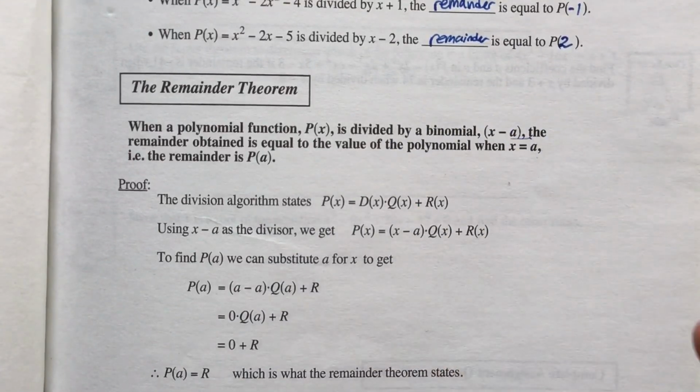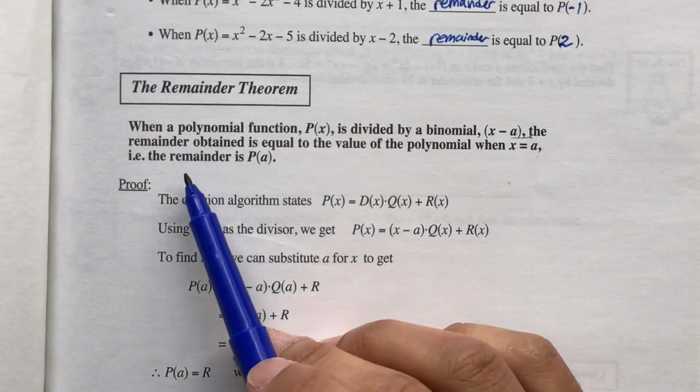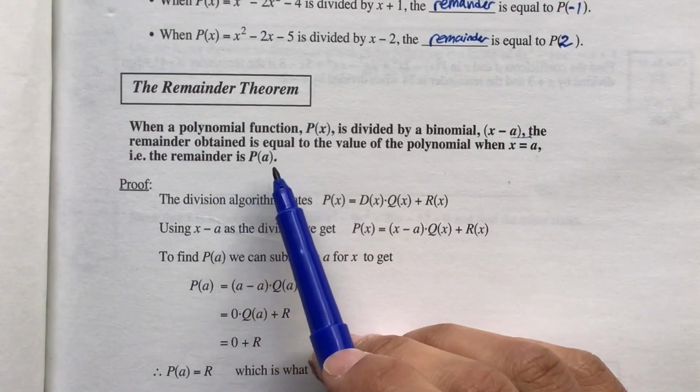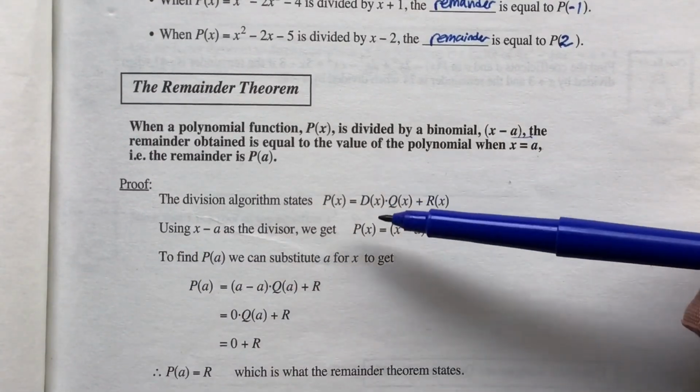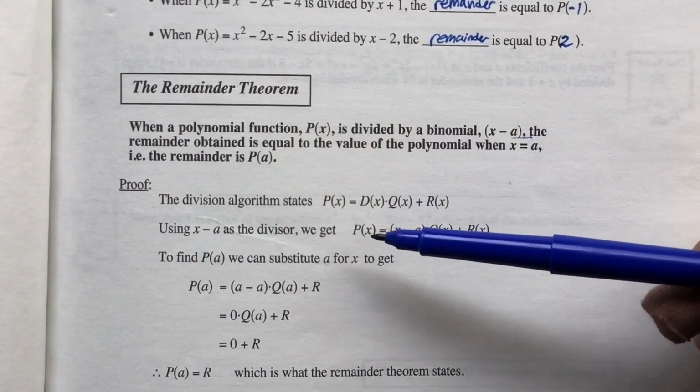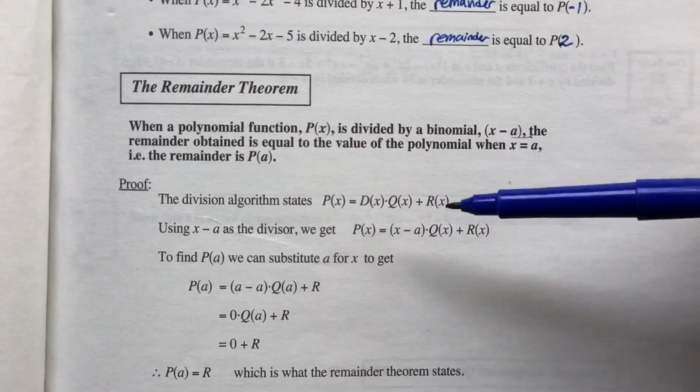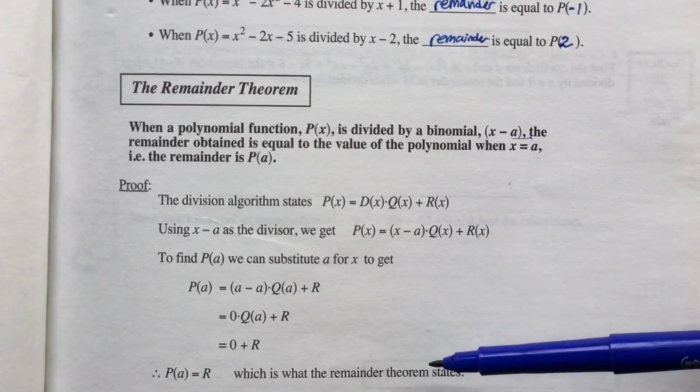So if we were to set our binomial equal to 0 and then solve for x, that's what the remainder is going to be equal to. So the remainder is equal to p of a. And here's a proof that runs through the remainder theorem, and I'll let you take a look at this proof.